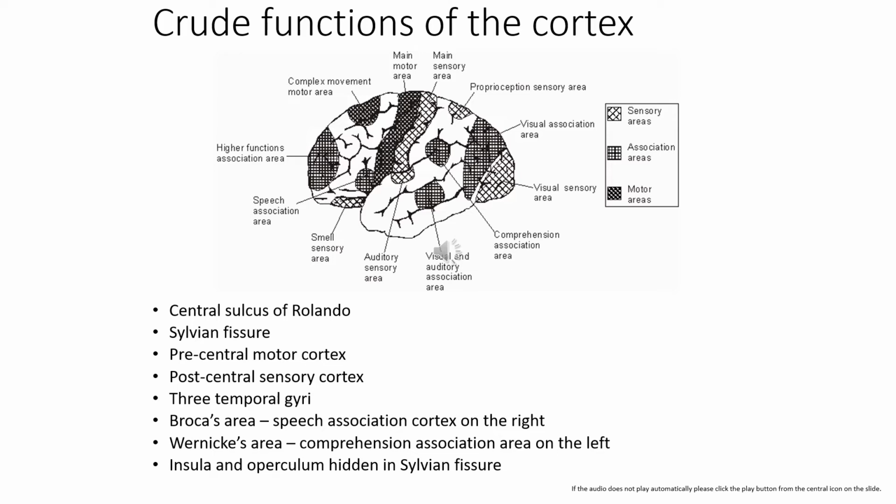On the inner surface of the Sylvian fissure is the insula and the operculum, which are areas of grey matter not viewed on this lateral aspect of the brain.